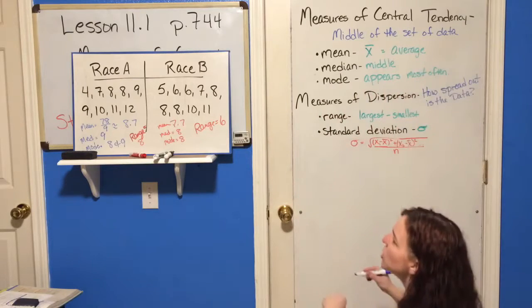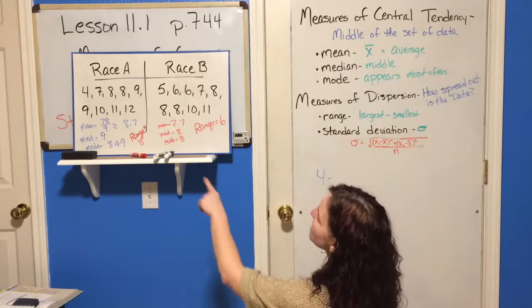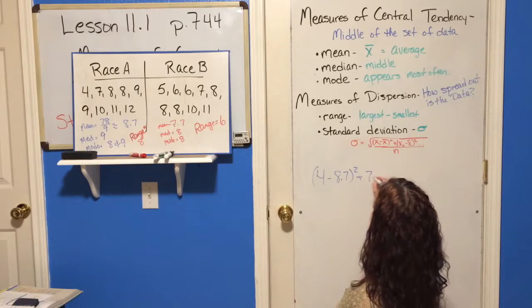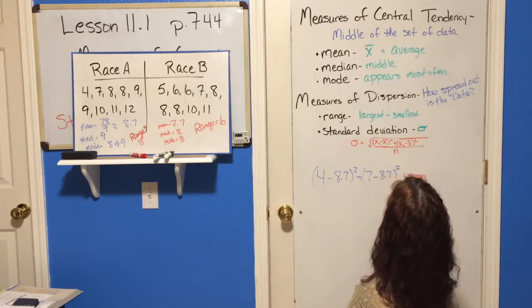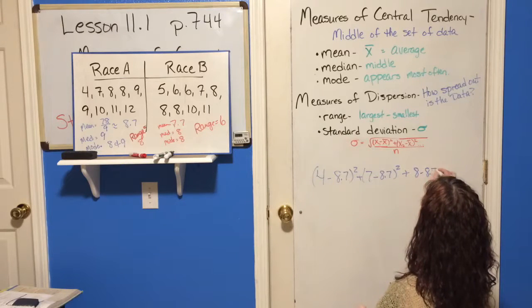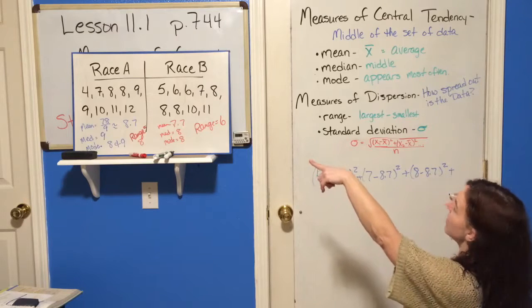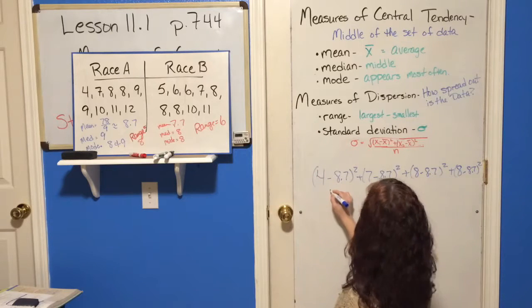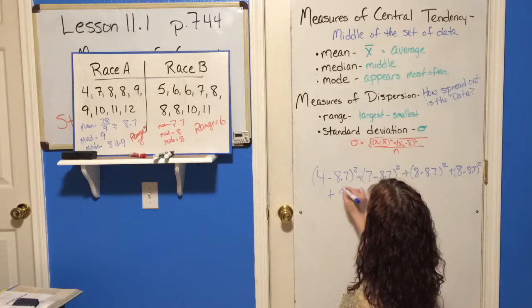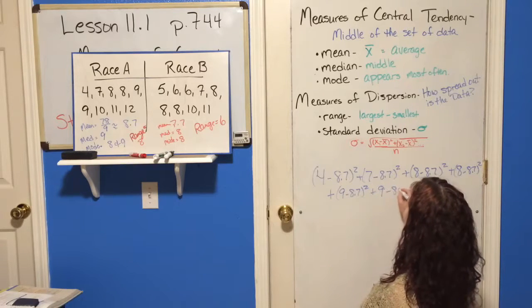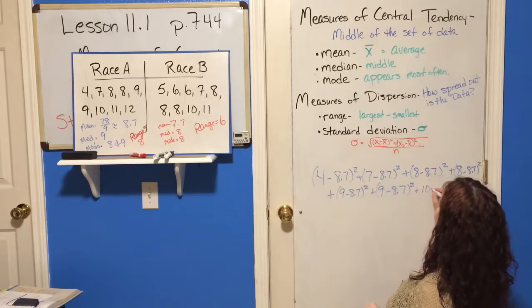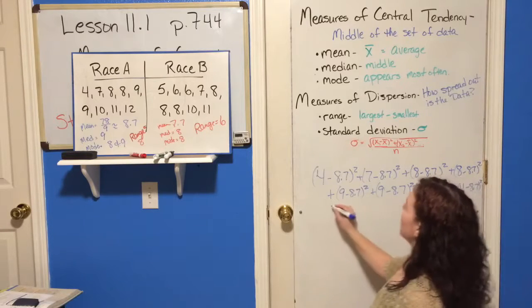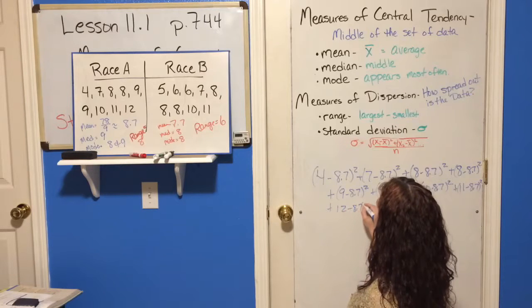You're going to take the first number, which is 4, minus the mean, which is 8.7, and square it, plus 7 minus 8.7, and square that, plus 8 minus 8.7, and square that, plus another 8 minus 8.7, and square that, plus 9 minus 8.7, and square that, plus another 9 minus 8.7, and square that, plus 10 minus 8.7, and square that, plus 11 minus 8.7, and square that, plus 12 minus 8.7, and square that.